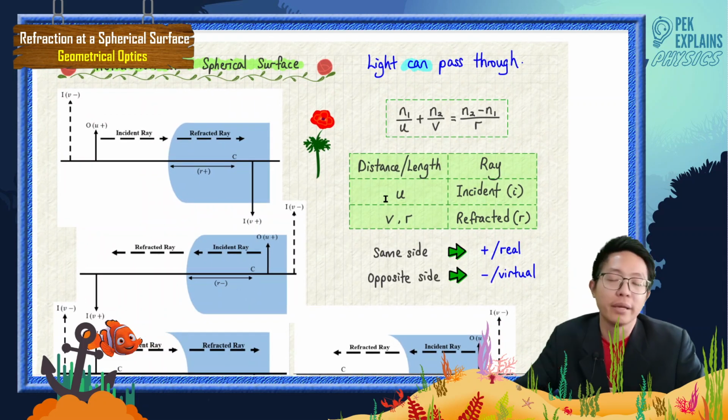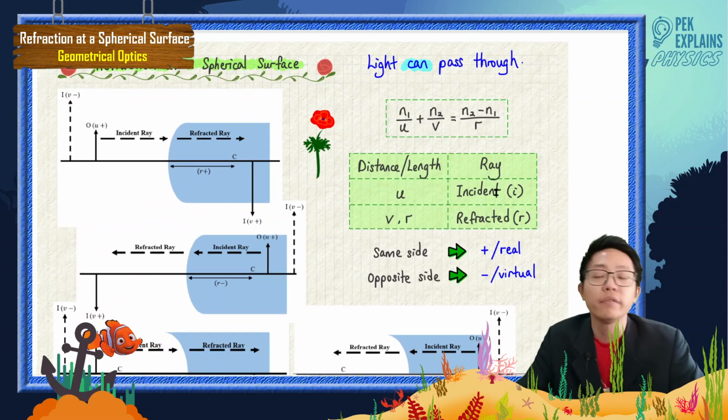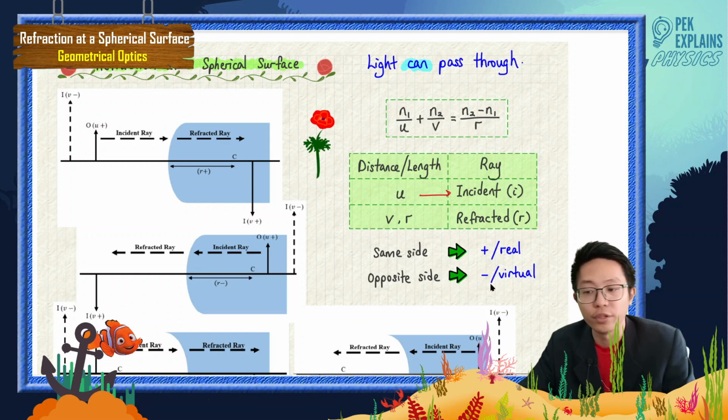Object distance is always compared with the incident ray. If same side, positive; opposite side, negative. But for the rest, like image distance and radius, compare with the refracted ray. If same side as the refracted ray, positive; opposite side to the refracted ray, negative.